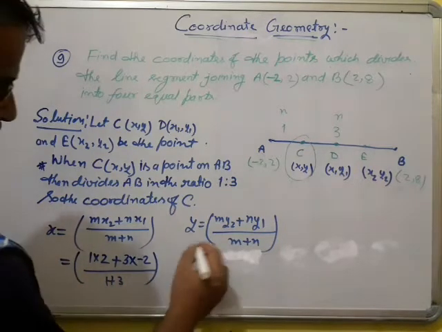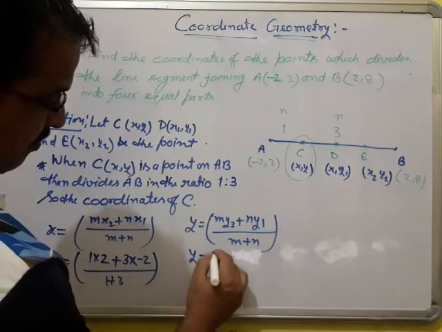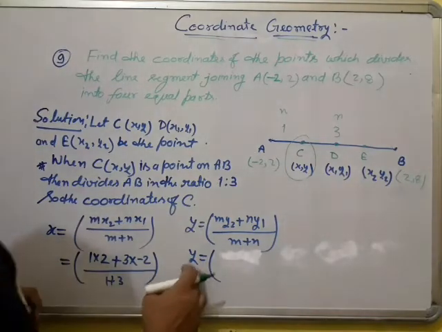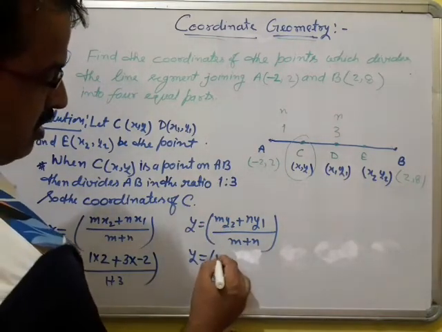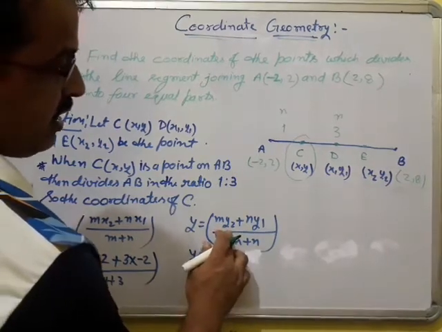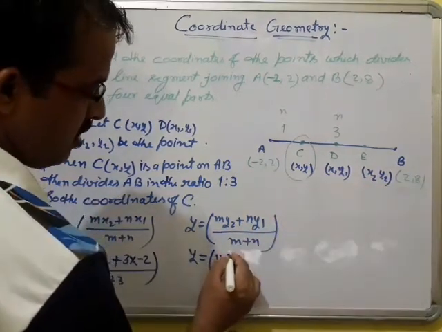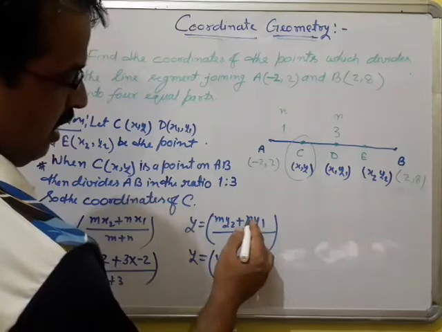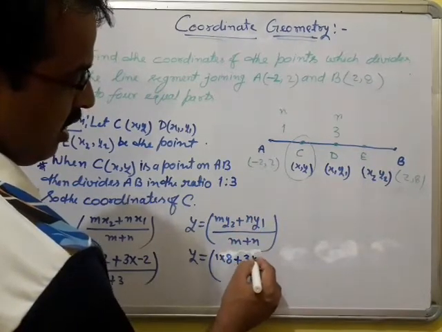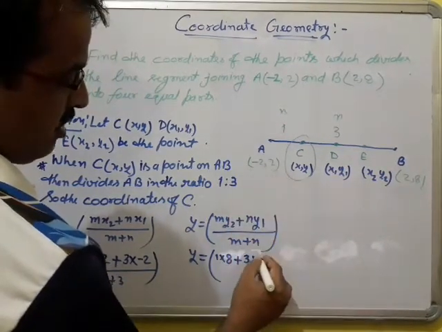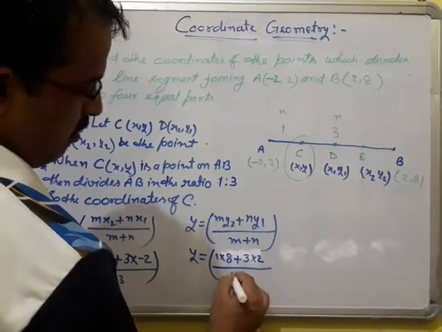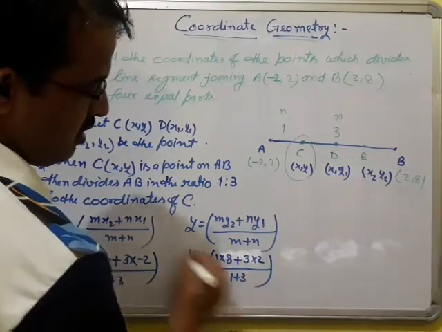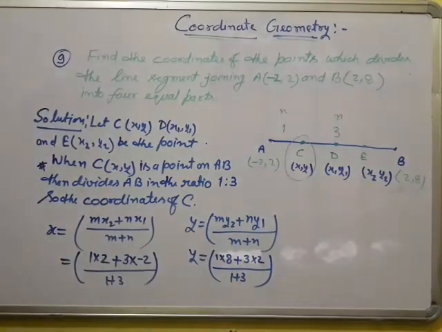Similarly, Y is equal to M is 1, y2 is 8, N is 3 and y1 is 2, upon 1 plus 3. This portion is clear.